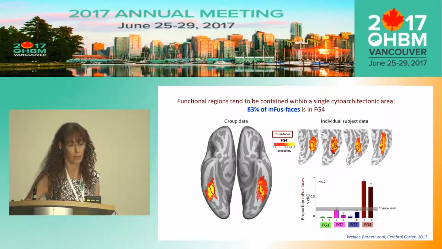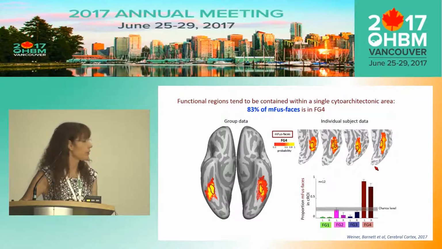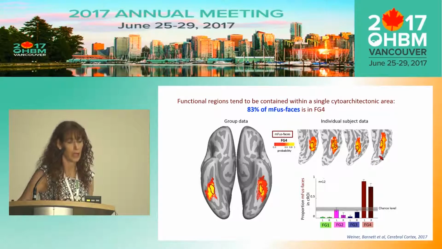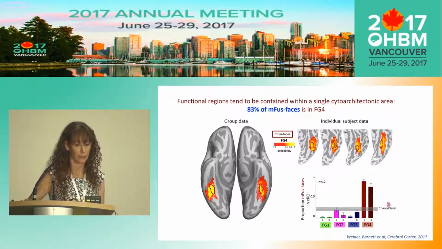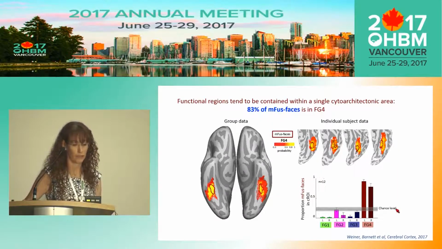We also projected it to an individual subject's brain. So here, for example, in an individual subject's brain, again, the colored region shows a probabilistic map of FG4, and the contour now shows the individual subject's mFus-faces. And we quantified in each of our participants how much of their mFus-faces is within each of the cytoarchitectonic regions. And you can see that the only significant region that we found was FG4.